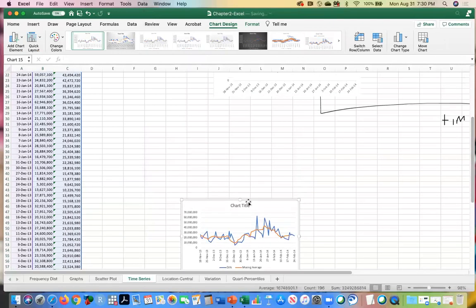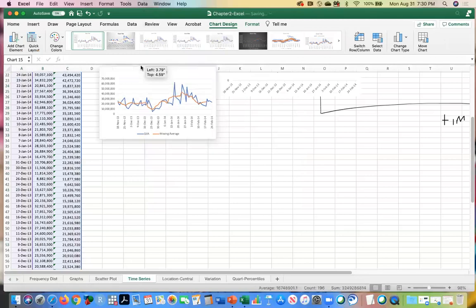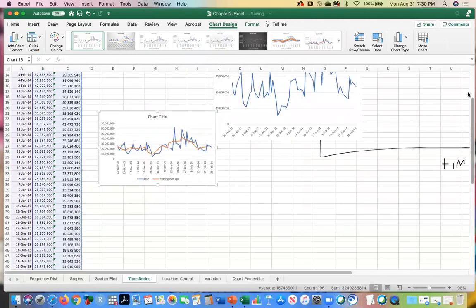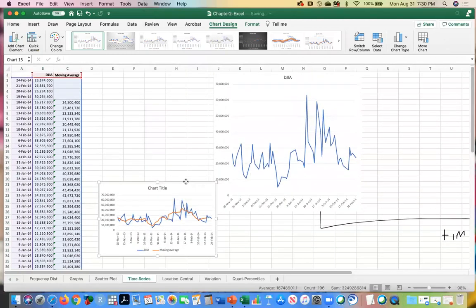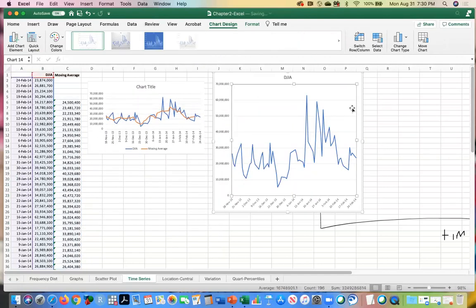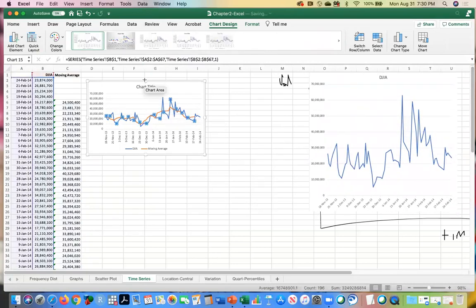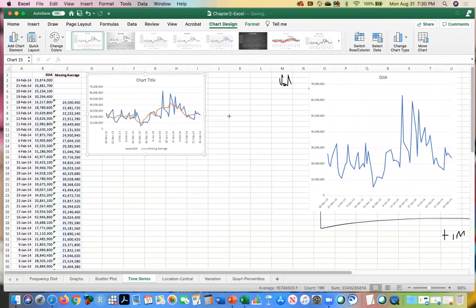So as you can see, we can predict changes in our data by just looking at the values, right? So once again, this moving average helps me predict changes in the data over time.